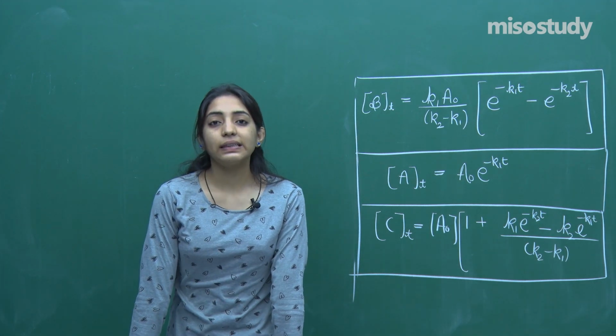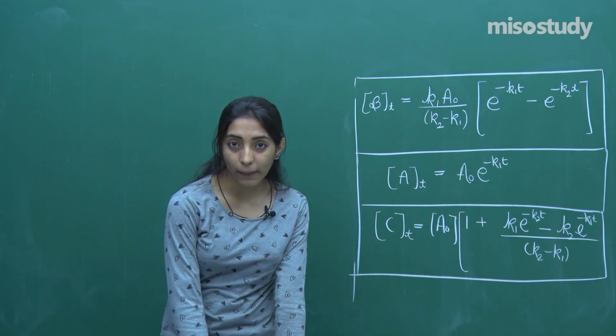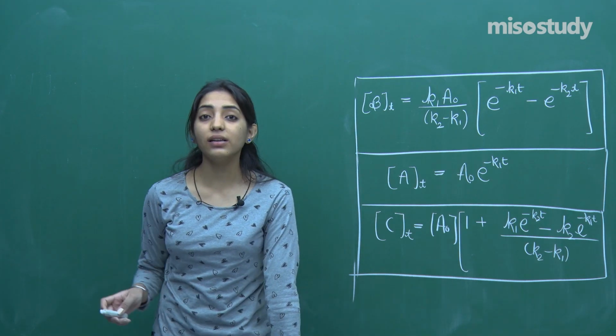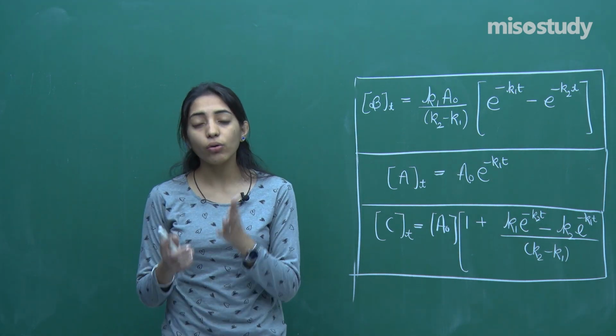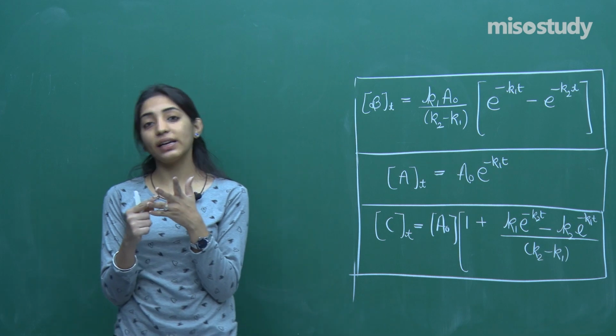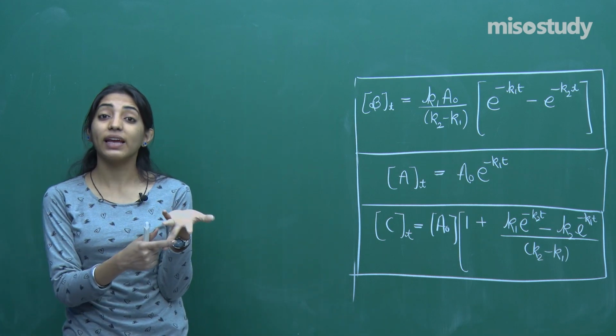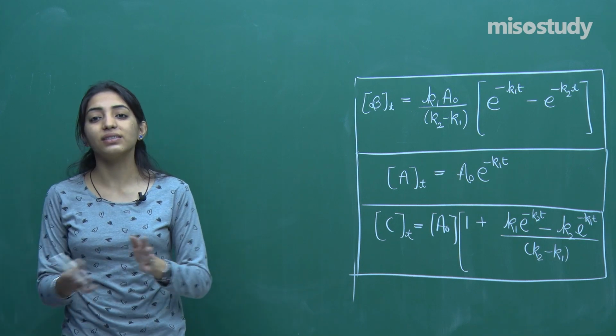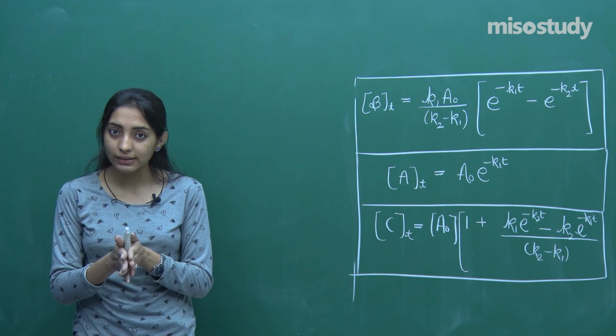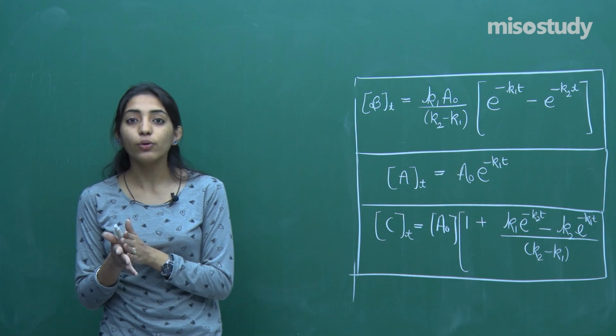Now the next thing that is coming to my mind is to tell you the graphical representation, like what is the relationship between K1 and K2, whether K1 can be greater than K2, K1 can be less than K2, K1 can be equal to K2. So all those cases we will be discussing in the next class. But I would like to give you a homework.